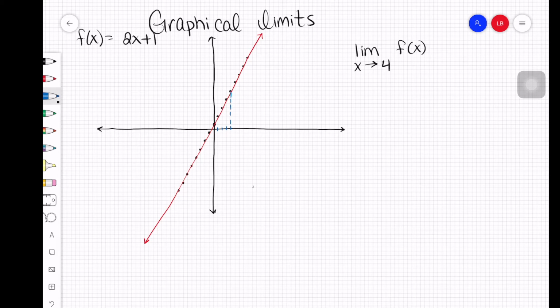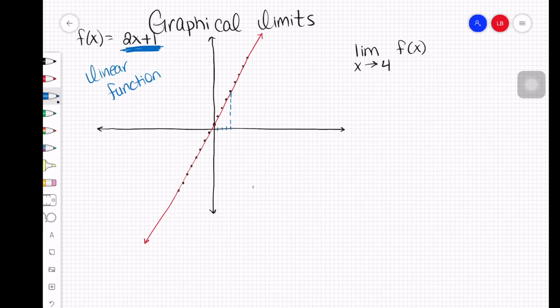So I want to make this very clear. My function here that we are discussing in this particular video, this is a linear function. Now, when we have linear functions, finding the limit is fairly simple if you really understand how to graph and how to find the point at that graph, okay?